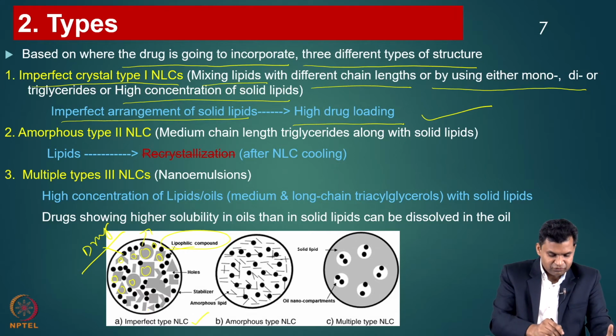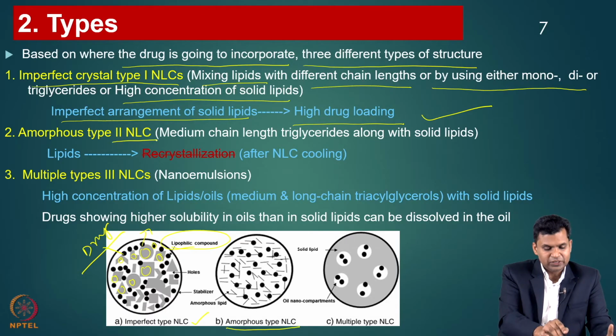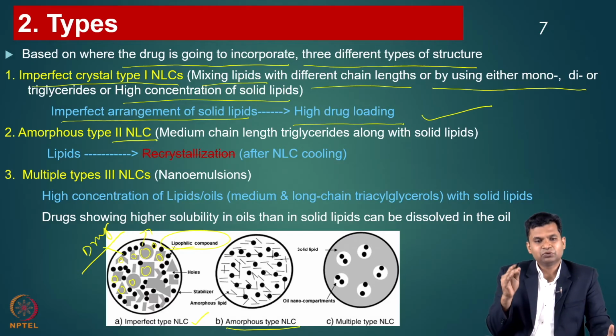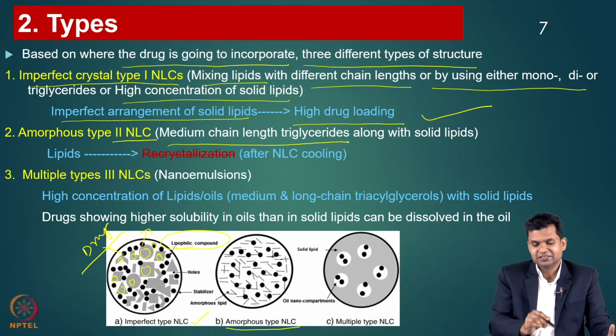So these are available in a crystal structure. Now coming to the second type, that is the amorphous type, type 2 NLC, which is prepared by using medium chain length triglycerides along with solid lipids, right?